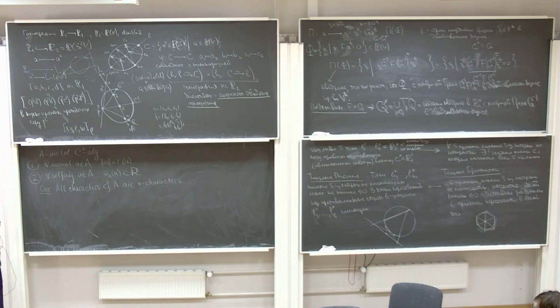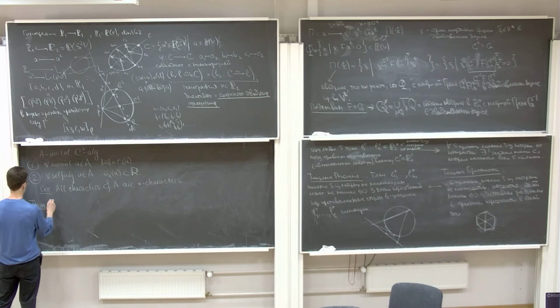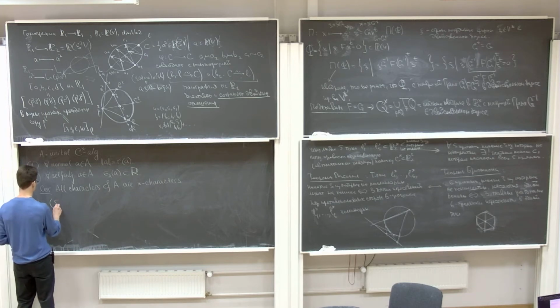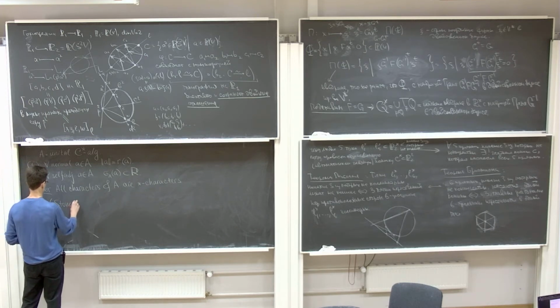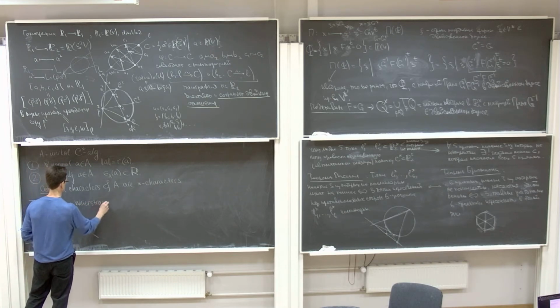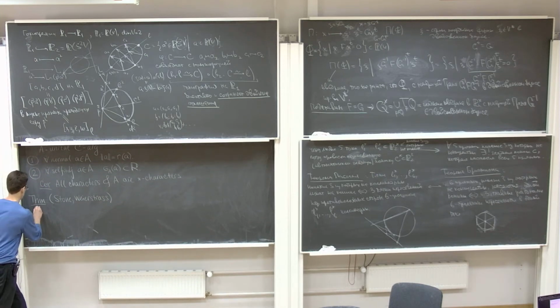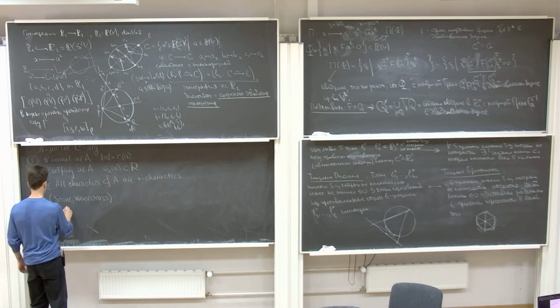Okay, now before we formulate and prove the Gelfand-Naimark theorem, let's recall a fundamental result from general topology, namely the Stone-Weierstrass theorem. Suppose that X is a compact Hausdorff topological space.